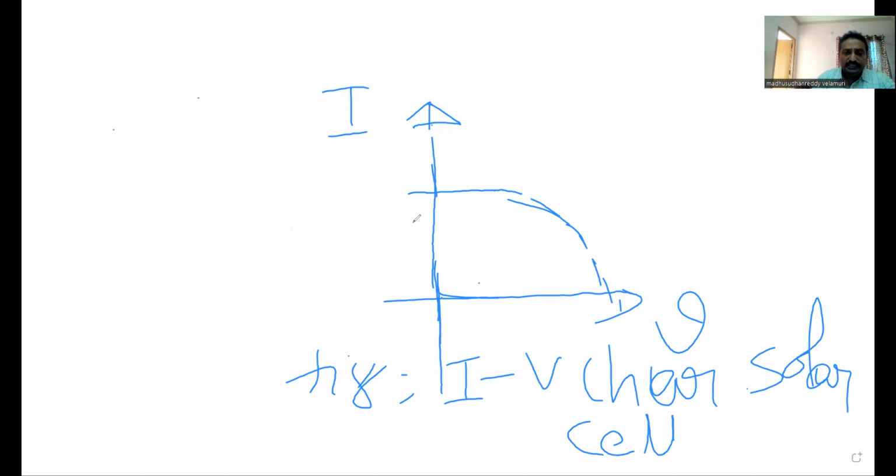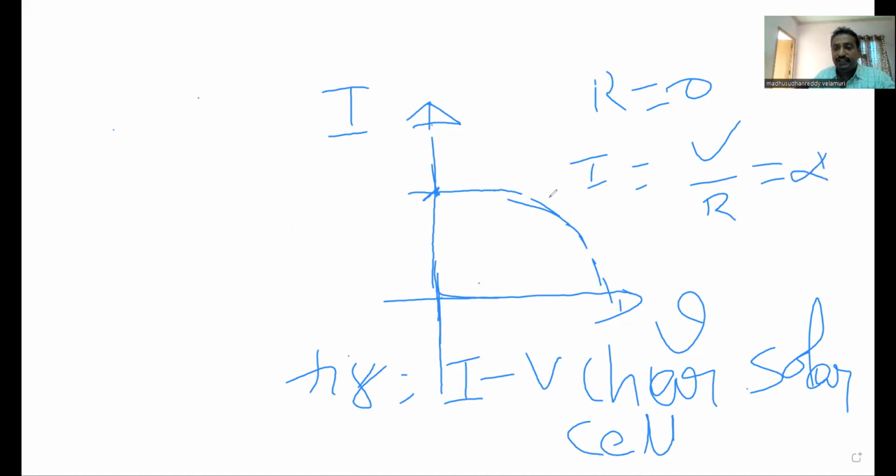In this IV characteristics, for example, take this point as a resistance. If R is equal to 0, then what about this I? I is V by R, so V by 0 gives infinity. Current is infinity, and voltage is 0. So this is the portion here.